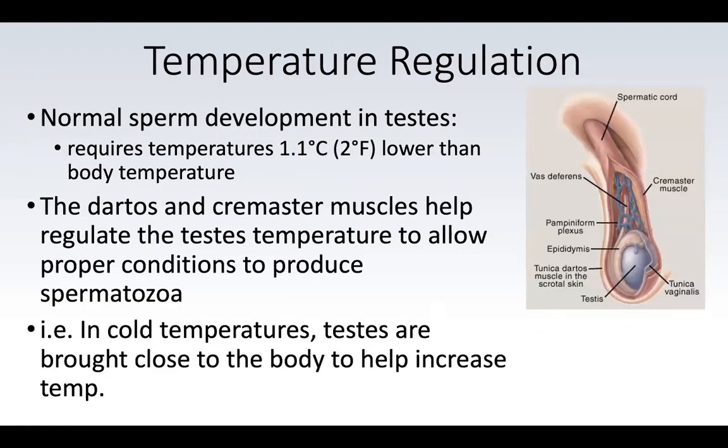Normal sperm development will occur at a certain temperature, and the dartos and cremaster muscles together help make sure the testes are, as much as possible, at this temperature so that spermatogenesis is not compromised.